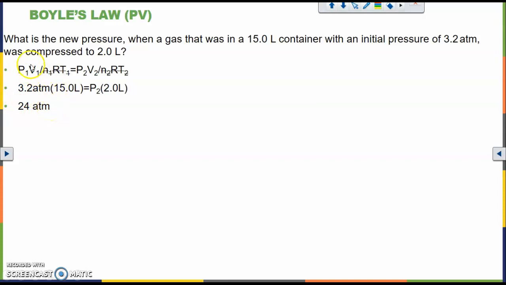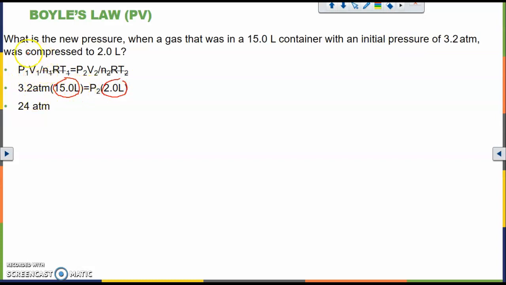Now remember that these variables are on the same side of the fraction bar, so they're both numerators. It should make sense that if I decrease the volume, compare the initial volume with the second volume. What happened to the volume? The volume decreased.